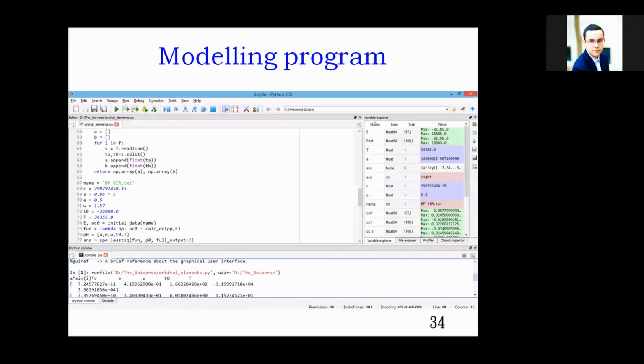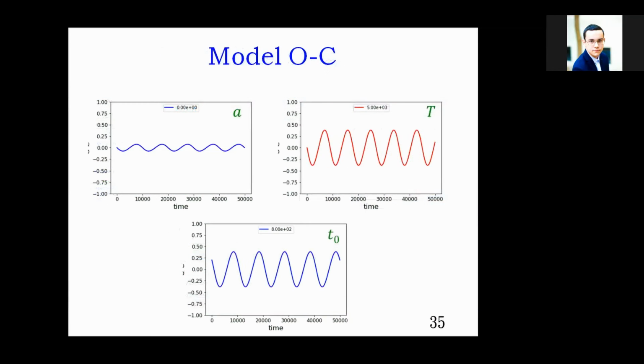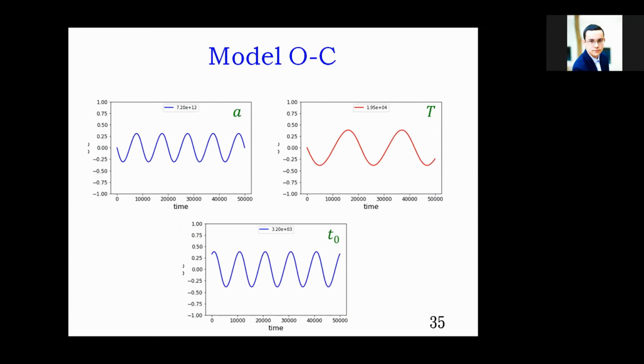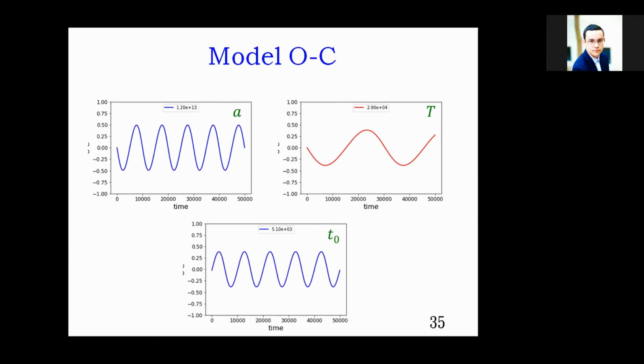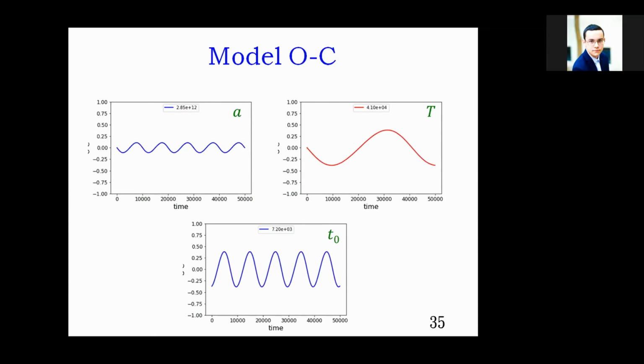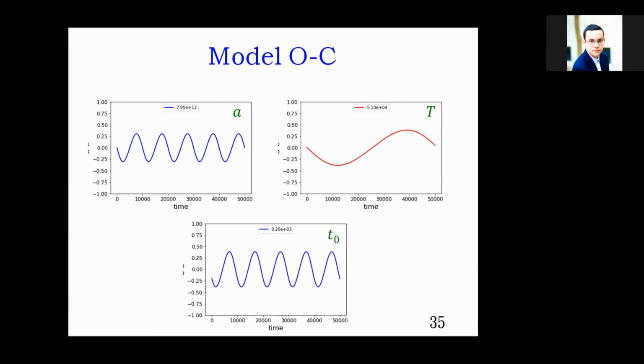And finally, we created software in Python to solve all of this numerically and not by hand. There are possible shapes of the O-C curve in the model for the case of a circular orbit.